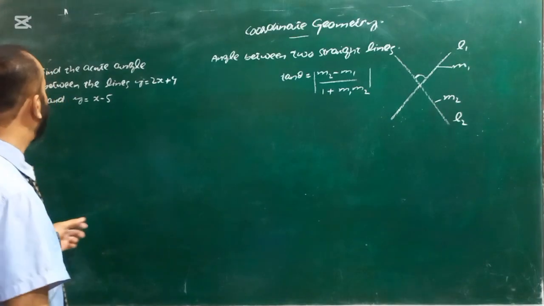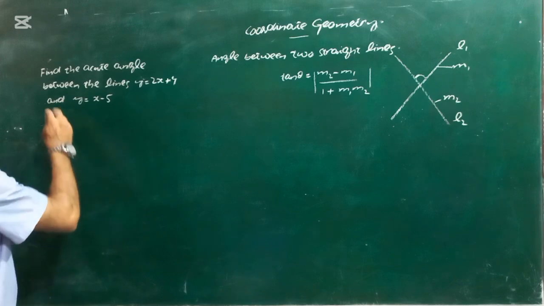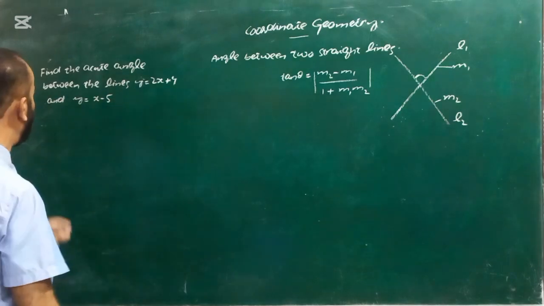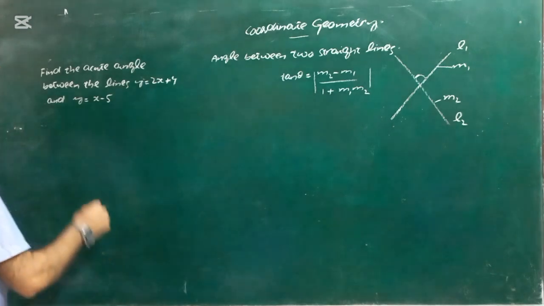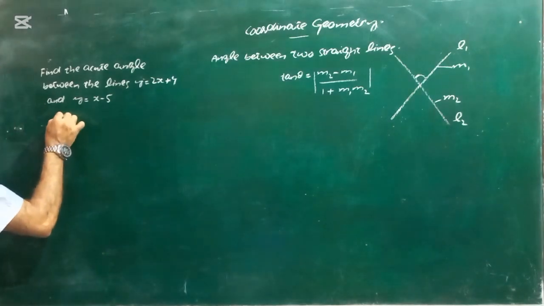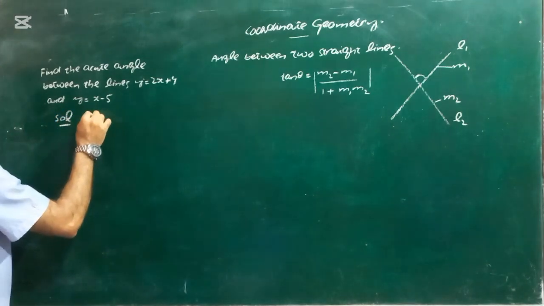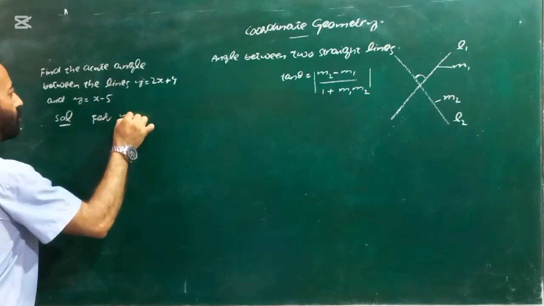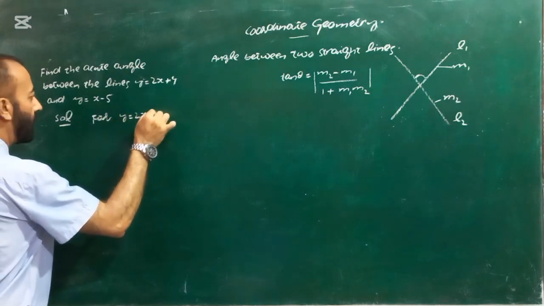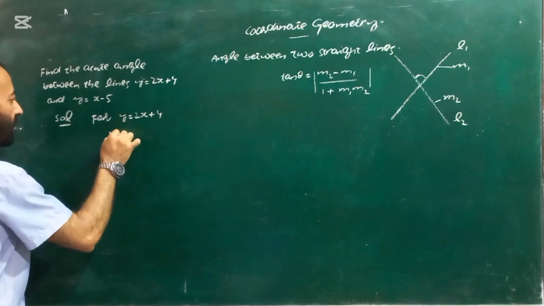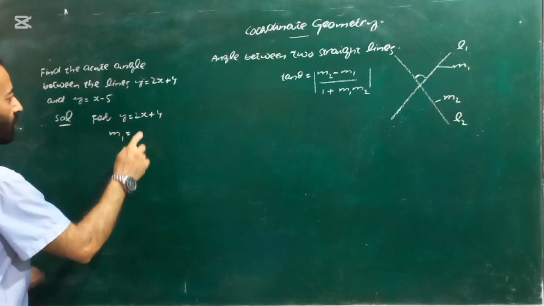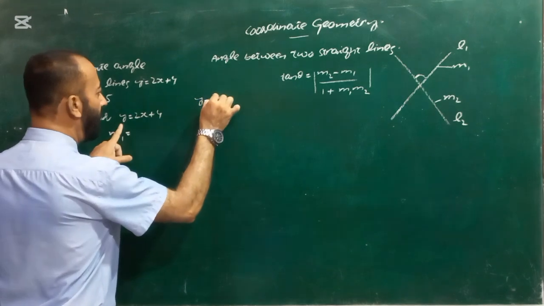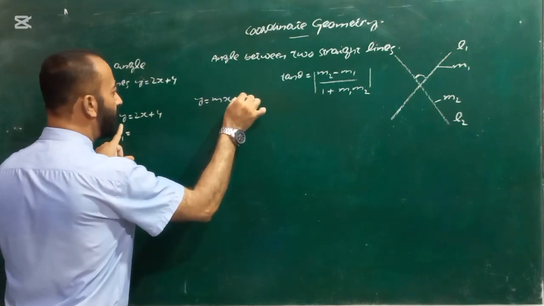Okay, student, another question is here. The statement of the question is find the acute angle between the lines y is equal to 2x plus 4 and y is equal to x minus 5. So look now, for the first line, that is y is equal to 2x plus 4, suppose we call its gradient m1. So compare this equation with the general equation of the line, that is y is equal to mx plus c.